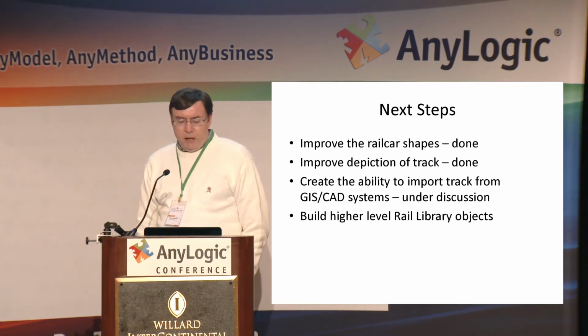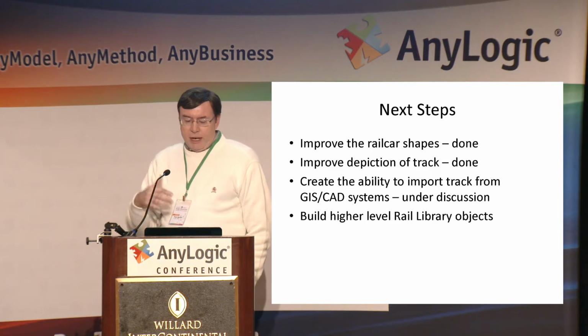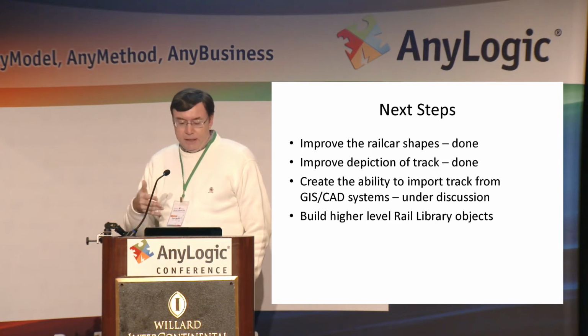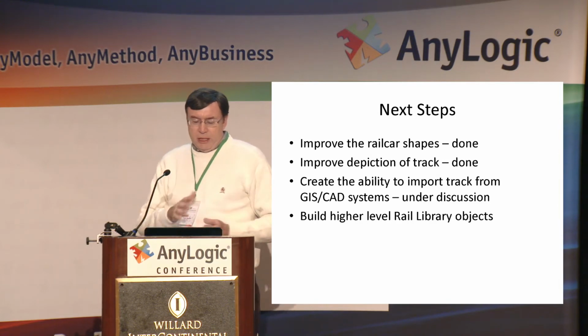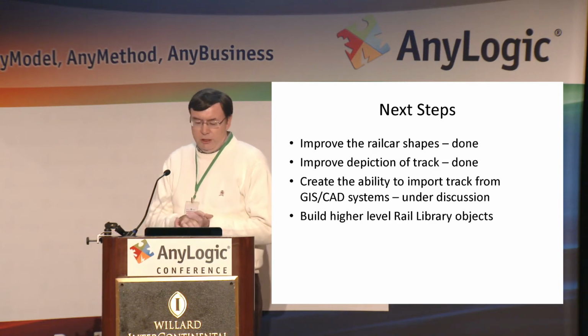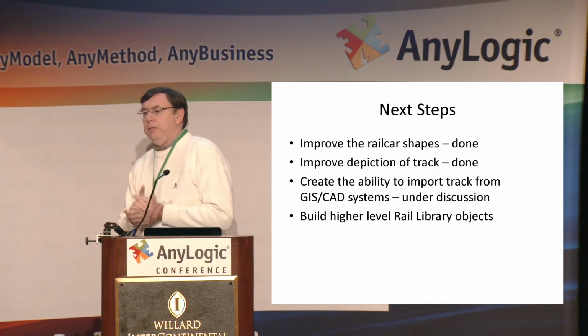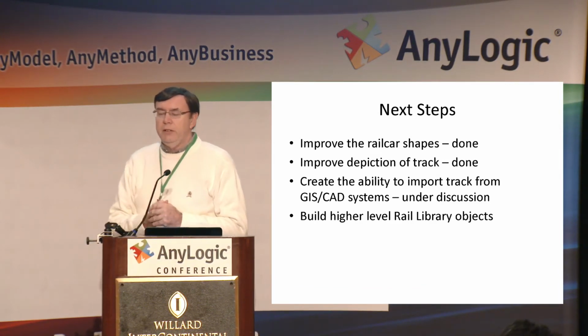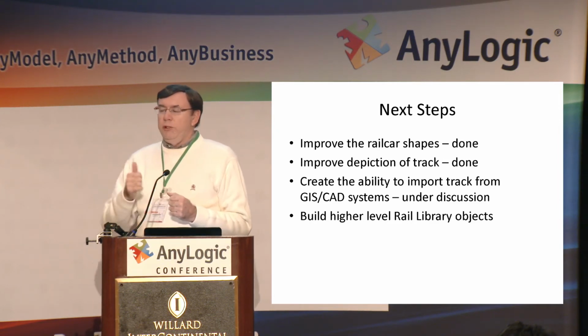There's not right now the smoothness of an import of track information from GIS or CAD, and so that's being discussed. And one of the things I'd really like to do is to build what I call a higher level rail library. Right now, if you watch the simulation, what effectively is happening is I was telling every object what it should do.